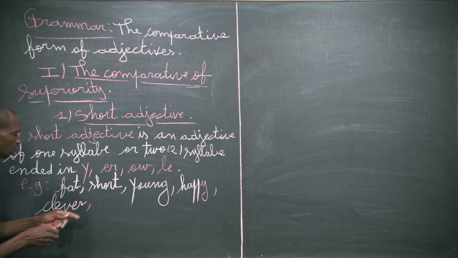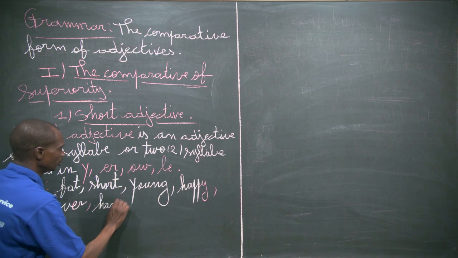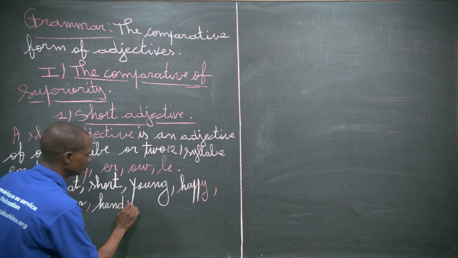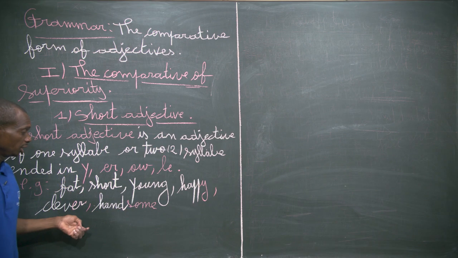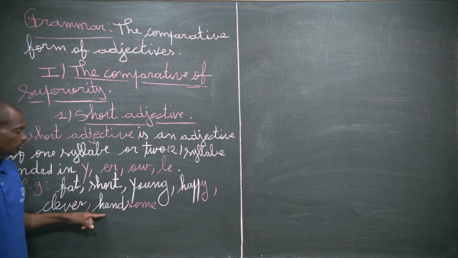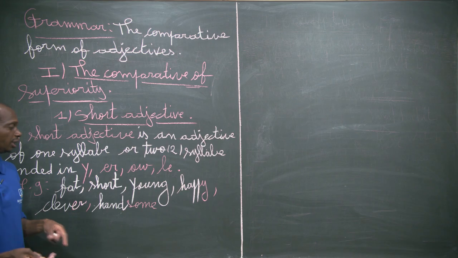After it, we have the adjective handsome. The synonym is beautiful. We use handsome for men or boys to qualify their beauty. We can say Ali is handsome, but we can say Balgisa is beautiful. They are synonyms.